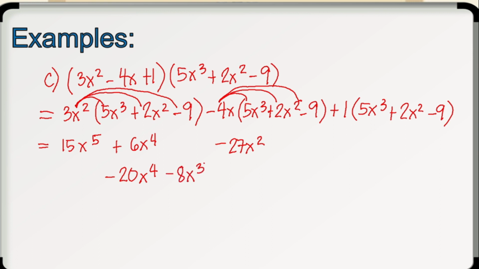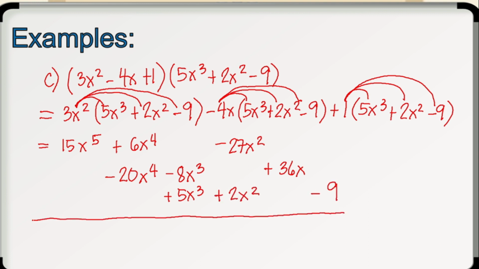Negative 4x times negative 9 is positive 36x. The third term, which is 1 times 5x cubed, is 5x cubed. 1 times 2x squared is 2x squared. And 1 times negative 9 is negative 9.